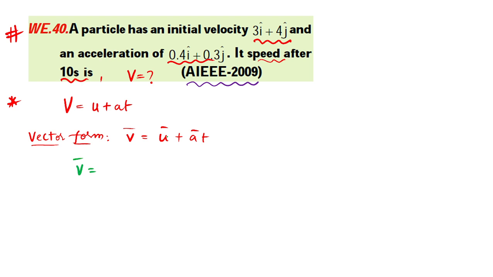So v bar is equal to u bar, which is 3i cap plus 4j cap, plus a bar, which is 0.4i cap plus 0.3j cap, into time, 10 seconds. Do it.